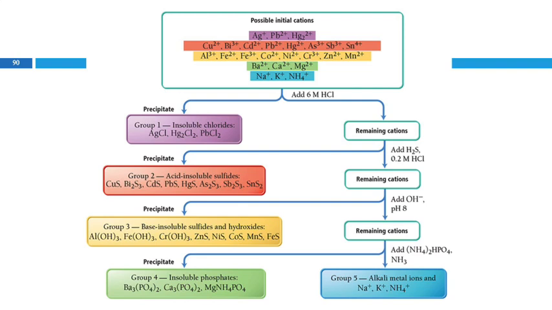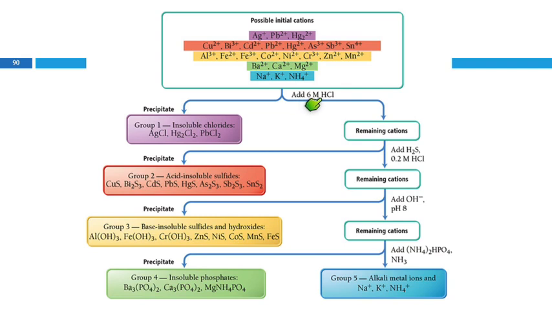So this is a flow chart showing one method of qualitative analysis. Often this is called a qual scheme, qualitative analysis scheme or plan. In this one, these are all the possible ions that you might have to start out with.